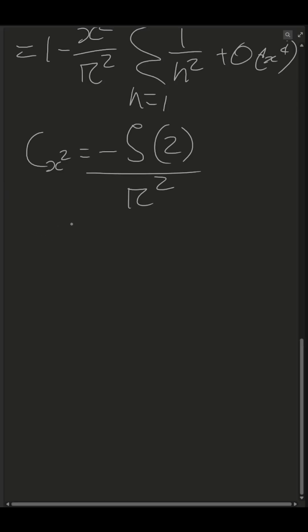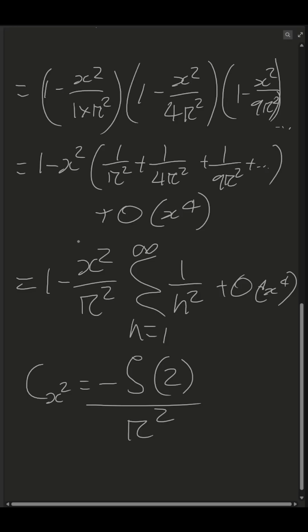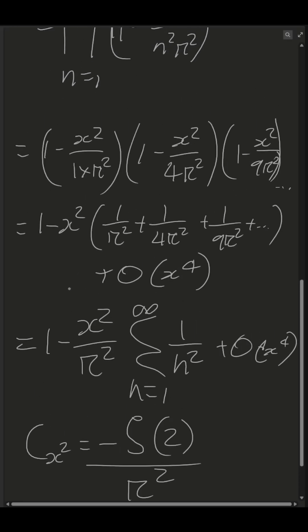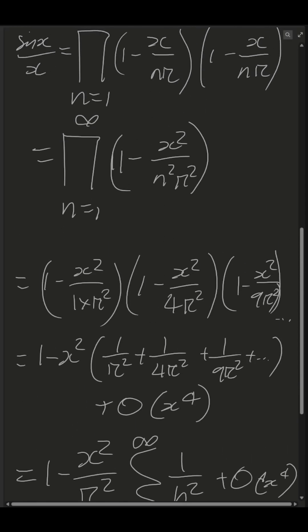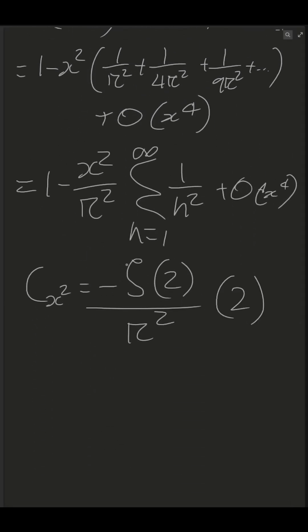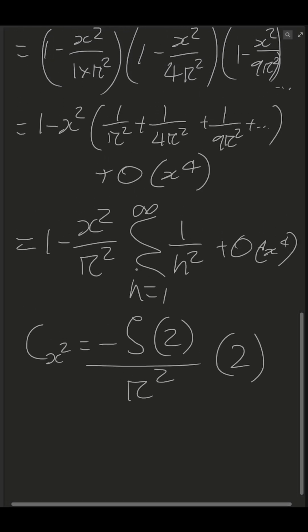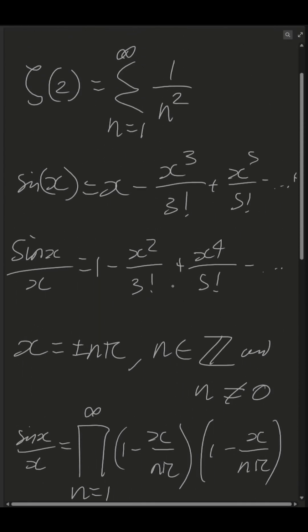And so we can compare coefficients, as you do. And we know our coefficient for x squared, I fear I've written that down wrong, no, that's right. If we label this 2, and we label the above 1, the one I want to label 1 is the Taylor series expansion right at the top, sine x over x.